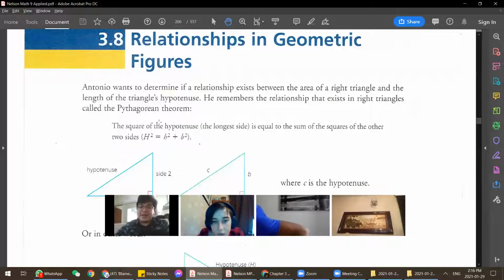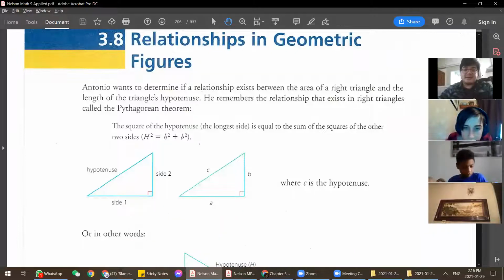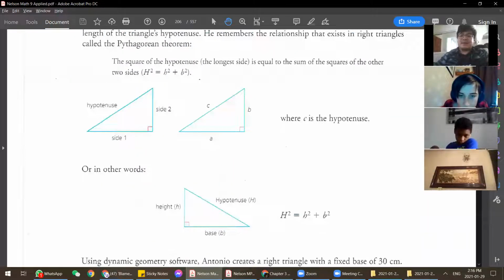What the 3.8 lesson is telling us is, remember the Pythagorean theorem that we were studying in December? So there's a relationship between the sides and the height.